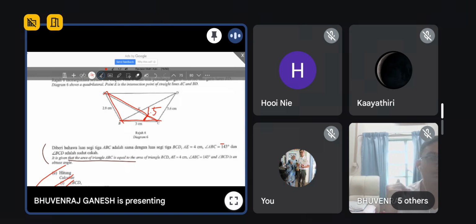Can you all suggest to me? What rule should we use to get our ACB angle? This one is 143, and then your AC is 5.5. So if you refer this triangle, what is the easiest rule to get ACB?